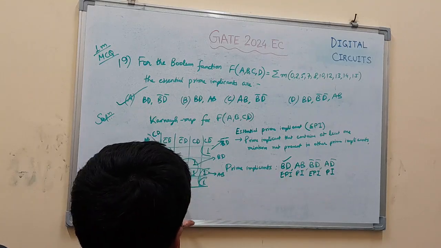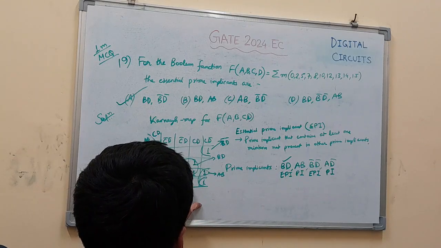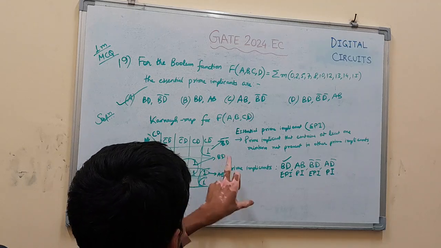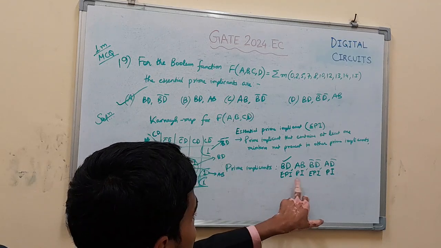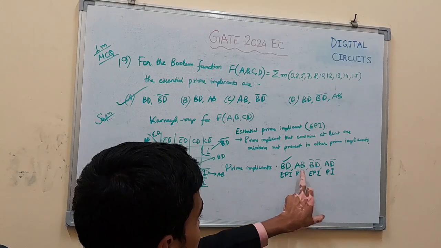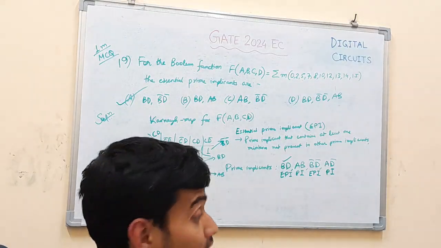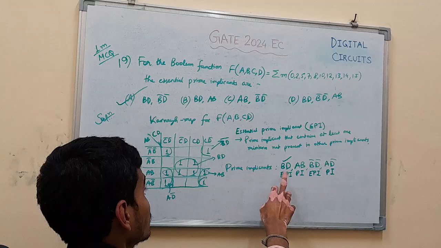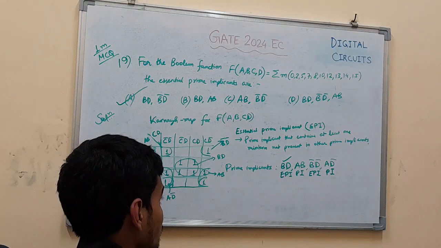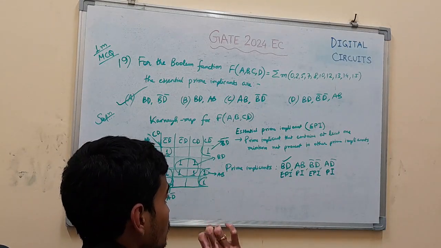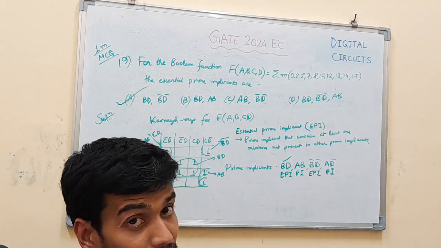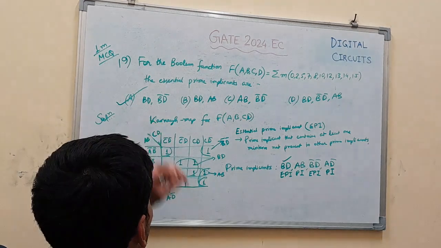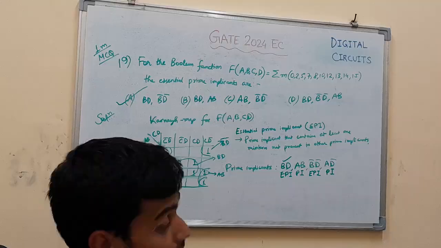BD has these two min terms which are unique, and B bar D bar has these two min terms which are unique, which make them essential prime ingredients. While AB and AD bar have all the min terms common with other prime ingredients, which makes them non-unique and hence only prime ingredients, not essential prime ingredients. So the correct answer is option A, BD and B bar D bar as essential prime ingredients.